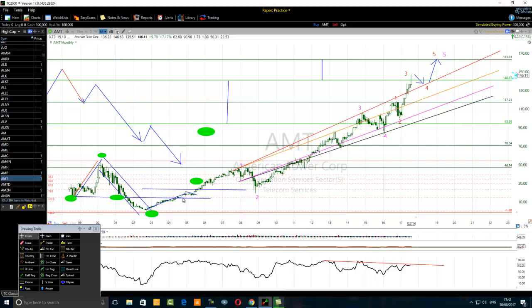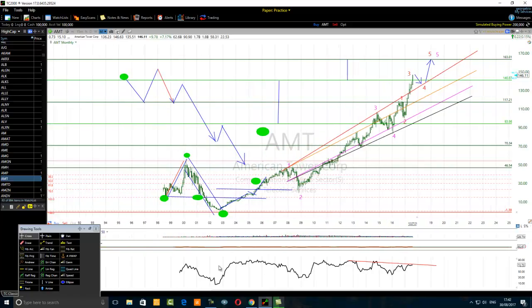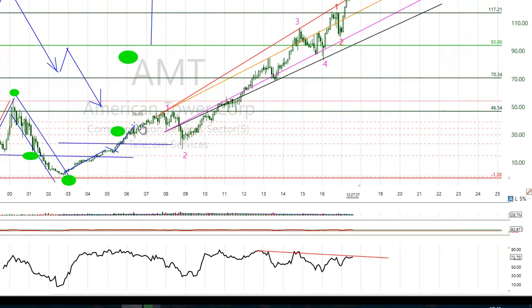Now, as that irregular first wave is underway, it is acknowledging those levels, forming the sub-minor waves of that irregular first wave.